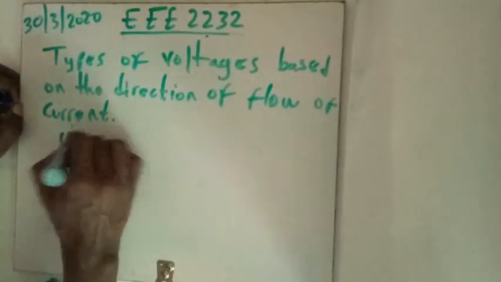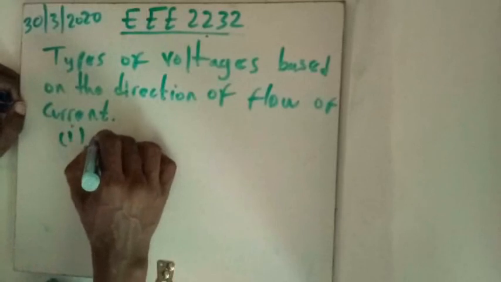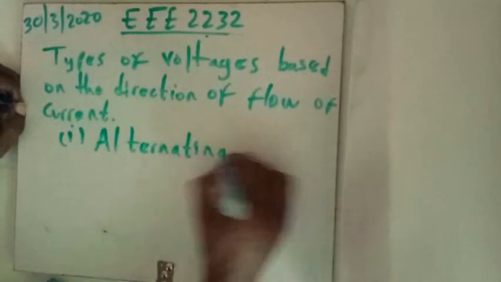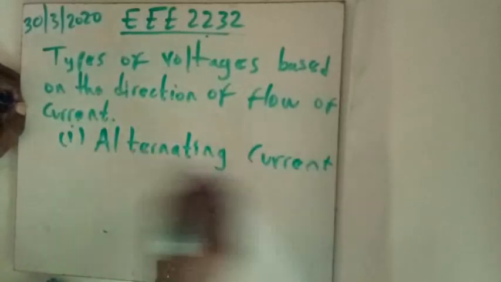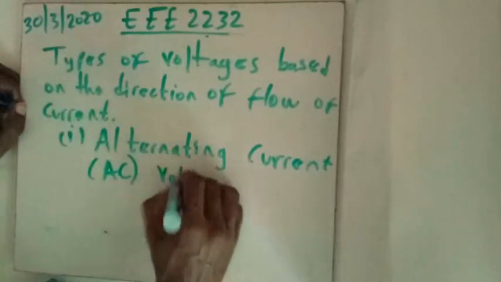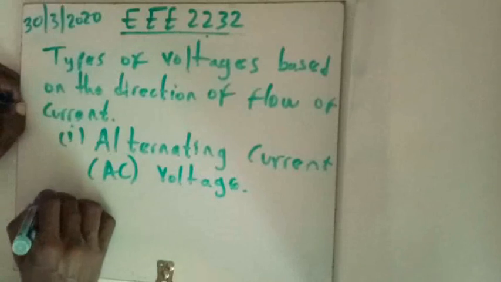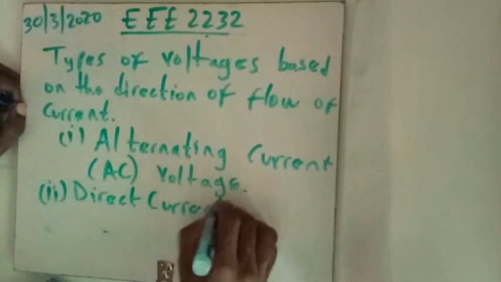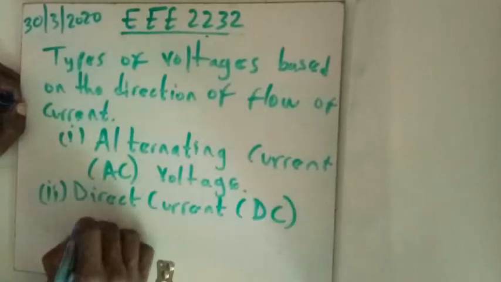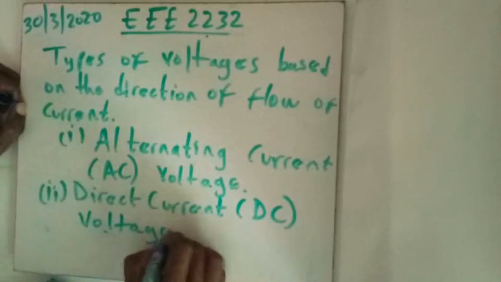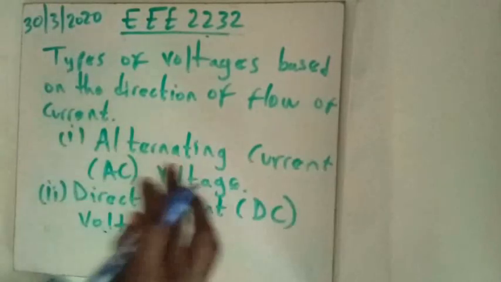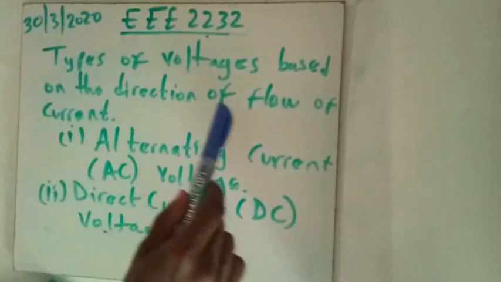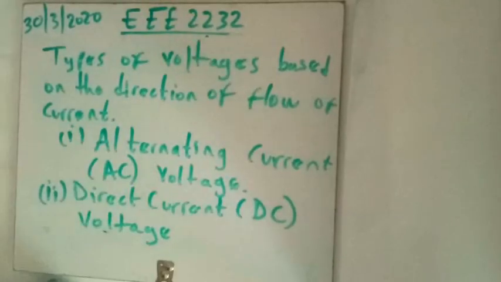We have one, alternating current, that is AC voltage, and two, direct current, which is DC voltage. So those are the types of voltages based on direction of the flow of current.